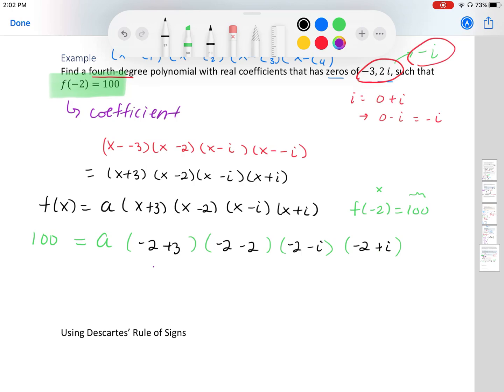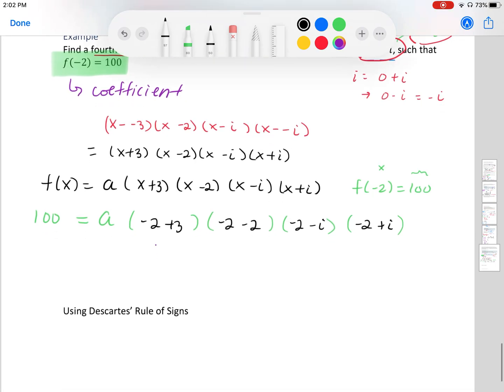That's going to help me find a of my function. Okay, let's clean our values up a bit. So I have 100 equals a times -2 plus 3 is 1. -2 minus 2, that gives us -4. -2 minus i, I can't clean that up any further.